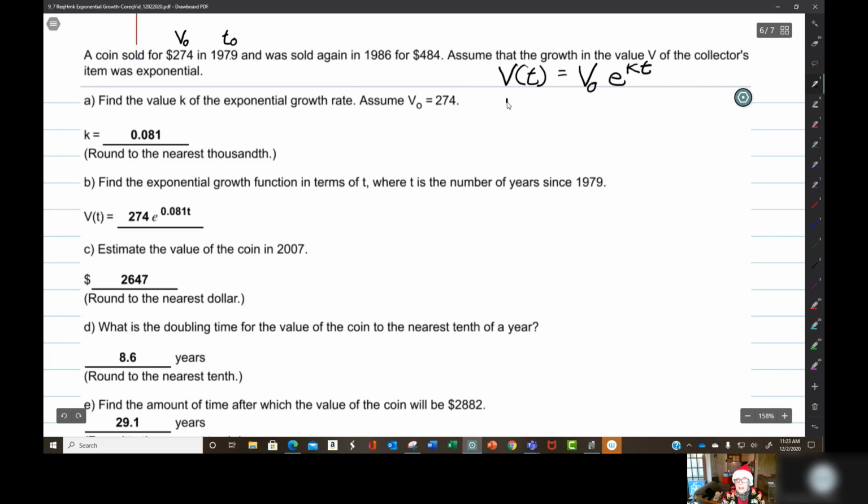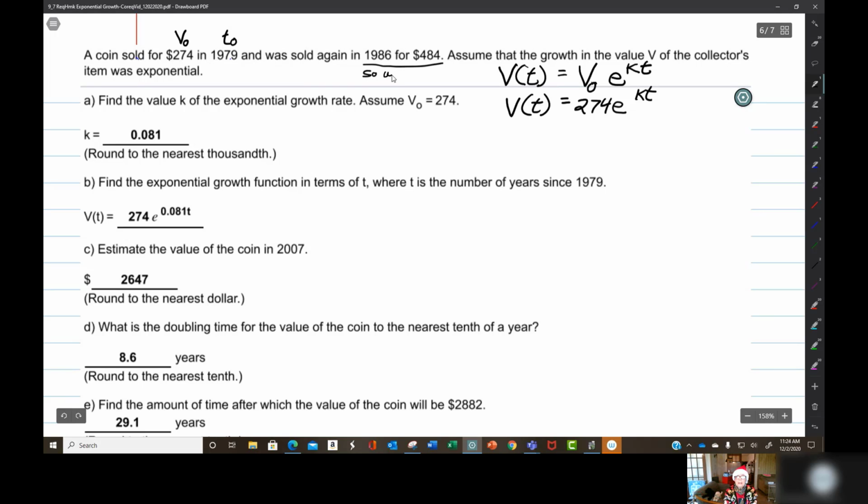So our almost specific formula is going to be 274 e to the kt. But we don't have k, and we can't do the problem if we don't have k. So we have to find k.